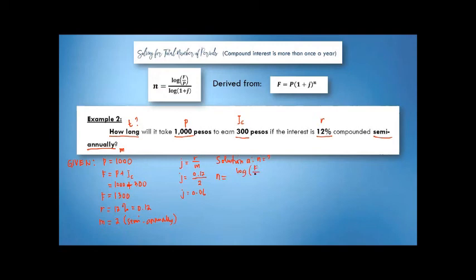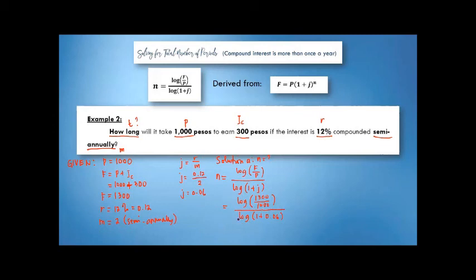So we have the formula logarithm of F over P, all over the logarithm of quantity 1 plus j. Substitute natin, we have the logarithm of 1,300 divided by 1,000, all over the logarithm of 1 plus 0.06.